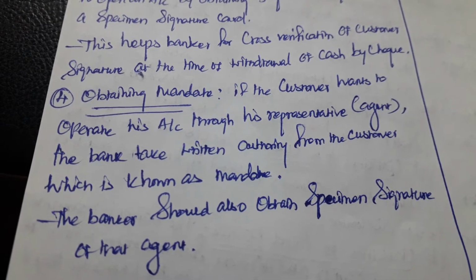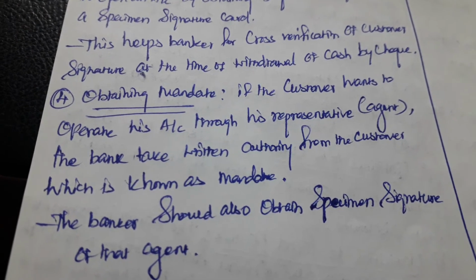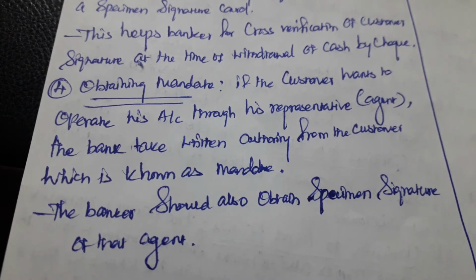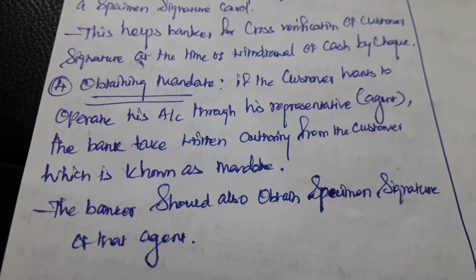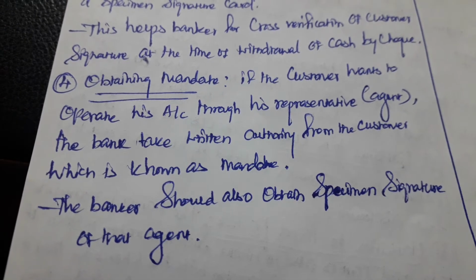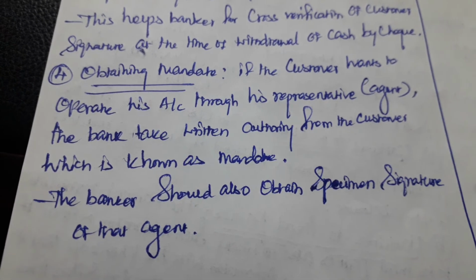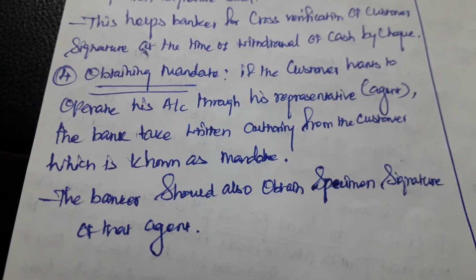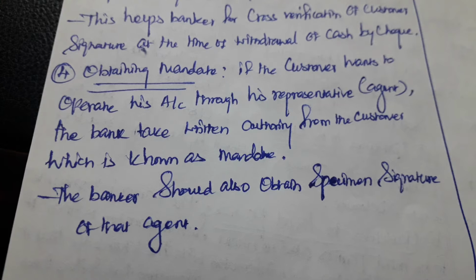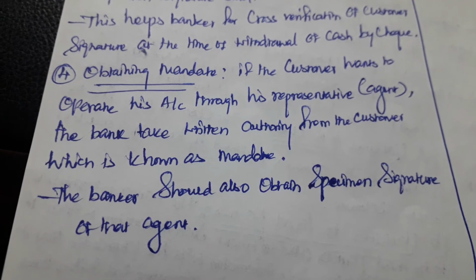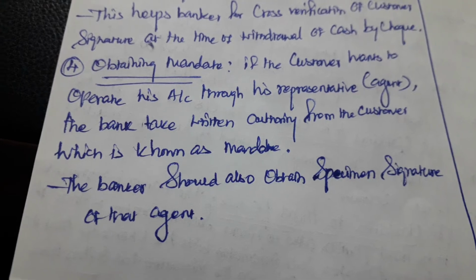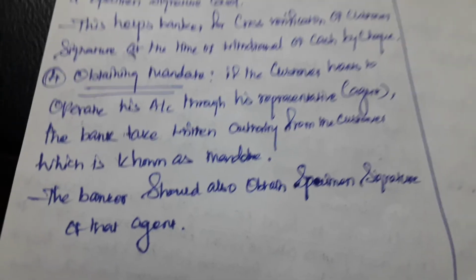The bank sometimes acts as an agent to collect payments and to make payments on behalf of its customer. So for that approval the bank asks the customer for a written statement of that function, which is called a mandate.